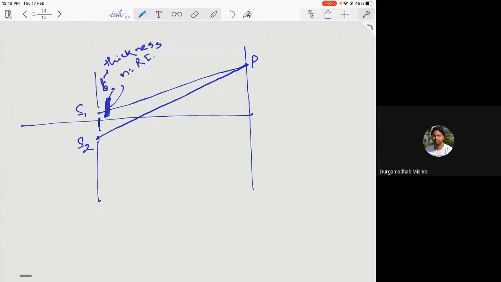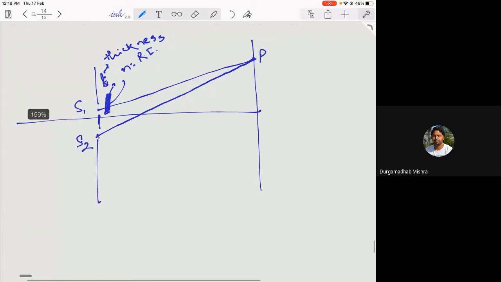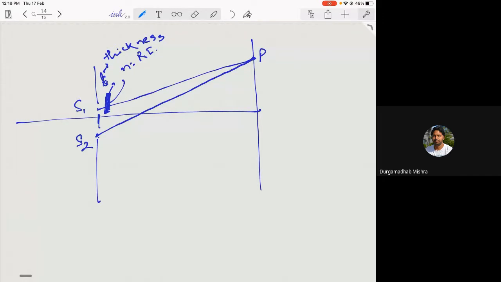By introducing this extra medium, I am only changing the path length. I am not changing anything else, only this delta, S2P minus S1P, will be different because there will be additional path length.